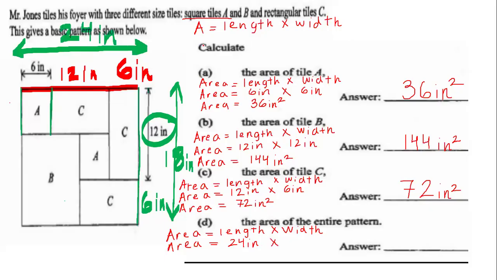The width is 18 inches. So the area, therefore, is going to be 24 inches multiplied by 18, which gives us what? 432 inches square. Very good. 432 inches square.